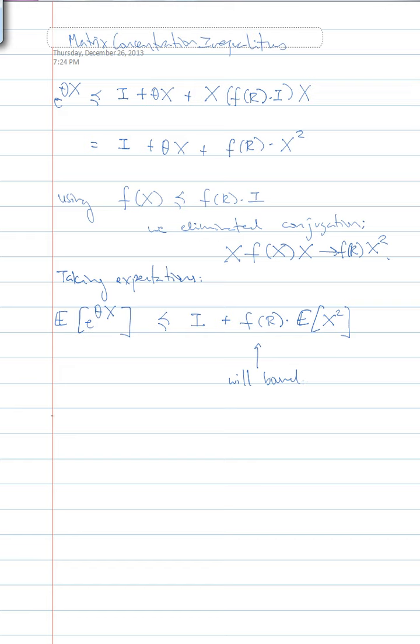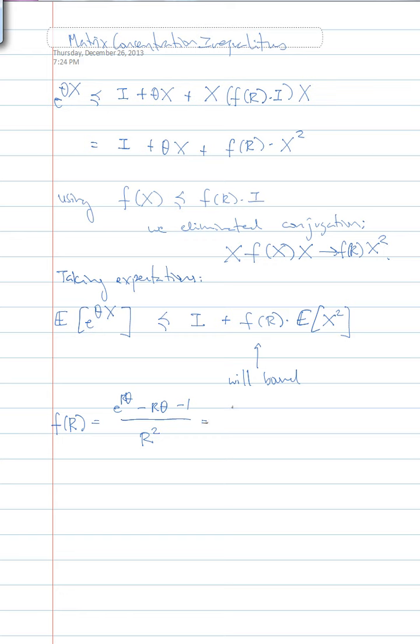So recall the definition of f of r. f of r is equal to e to the r theta minus 1 divided by r squared. And now let's write the Taylor expansion for e to the r theta as if it were a function of theta.